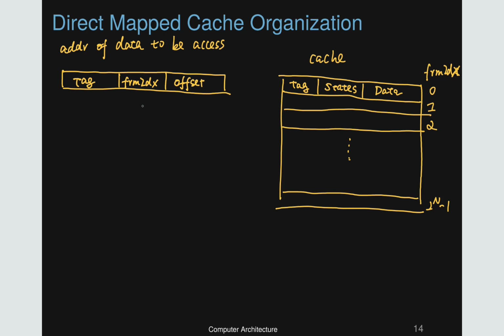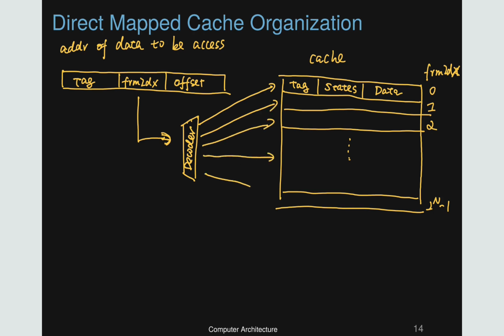So when we have this address, the first thing we're going to do is take the frame index and run it over a hardware component. Its name is a decoder. This decoder is effectively used to select a corresponding cache line. It has a line connected to each frame in the cache.